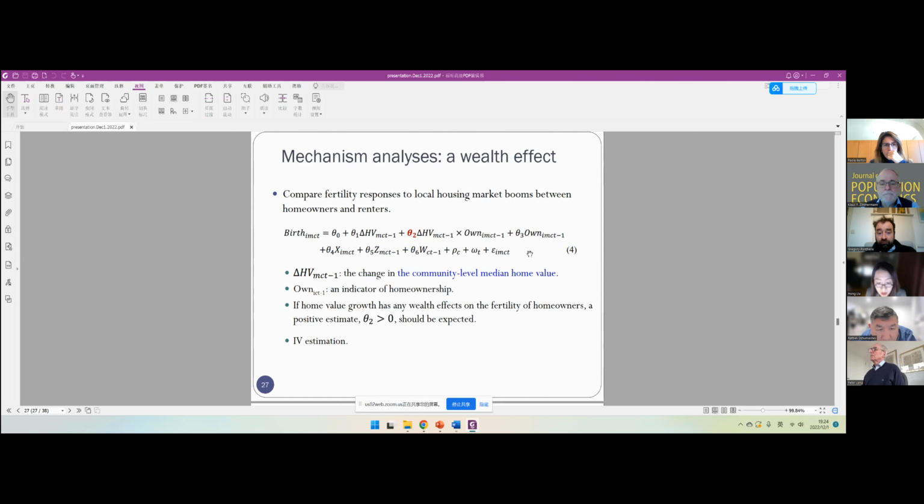Here we use the sample of homeowners and renters. And the key independent variable is the change in the community-level median home value. And we interact this variable with an indicator of home ownership. So if the home value growth has any wealth effects on the fertility of homeowners, we expect to see a positive estimate for the interaction term.